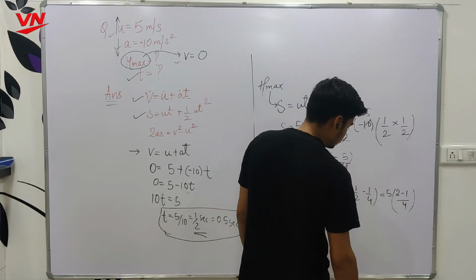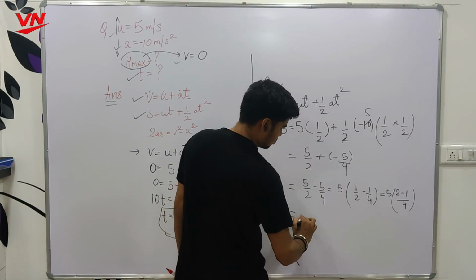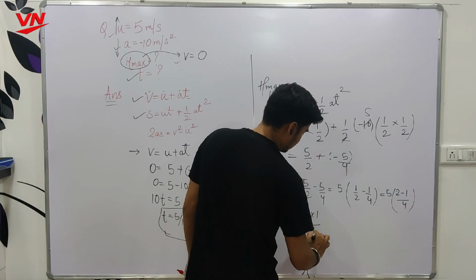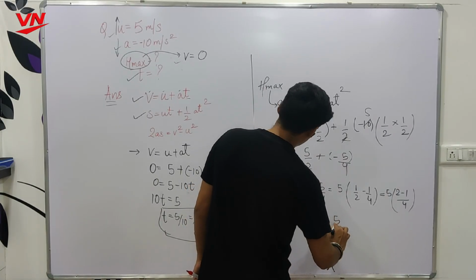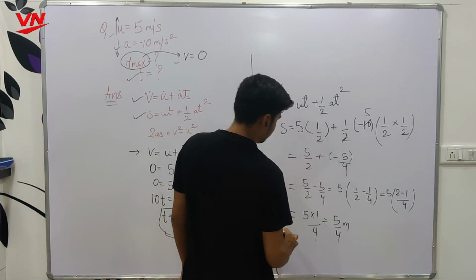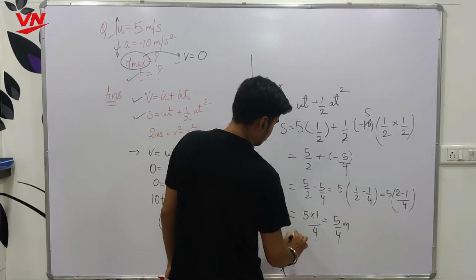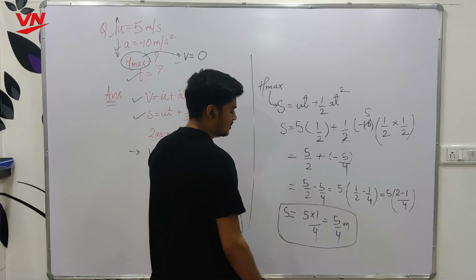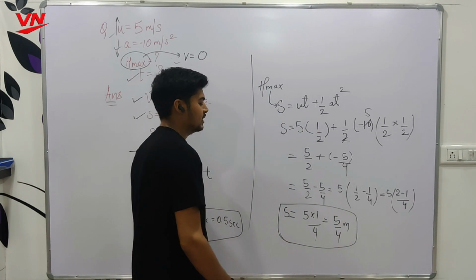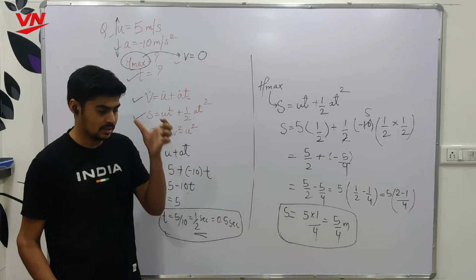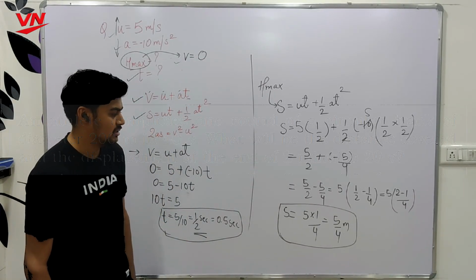Minus 1 by 4. What will I get? 5 into 1 by 4. I will get an answer in ratio, that is 5 by 4. So the maximum height is 5 by 4 meter, or that will be 1 point something. Clear? So that is your answer.